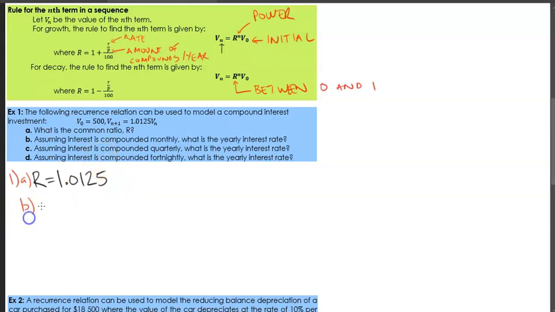For B, assuming interest is compounded monthly, and there are 12 months in a year, what is the yearly interest rate? Okay, firstly, we know we're finding a percentage.